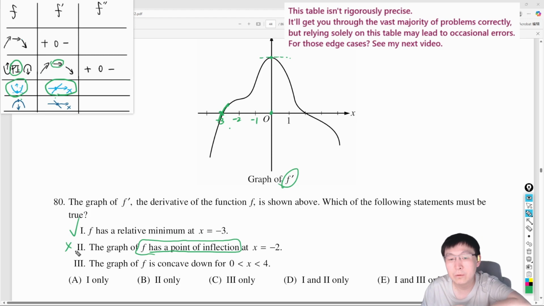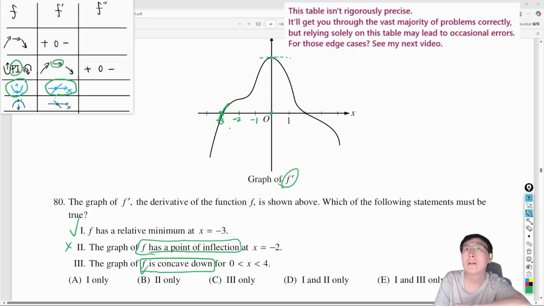So statement 2 is incorrect. Number 3. We need to find where f is concave down. F concave down matches f prime decreasing. And statement 3 gives the correct interval. So E is the correct answer.